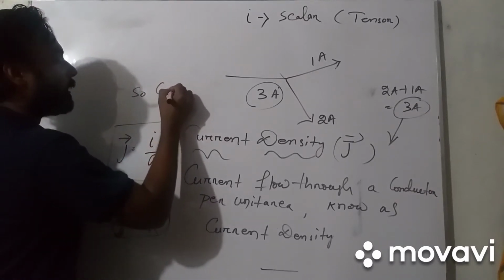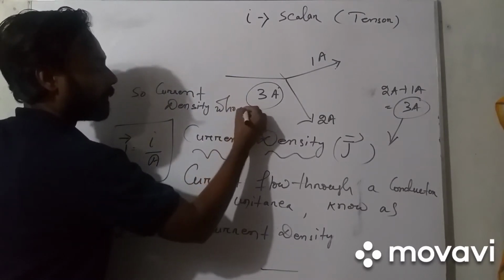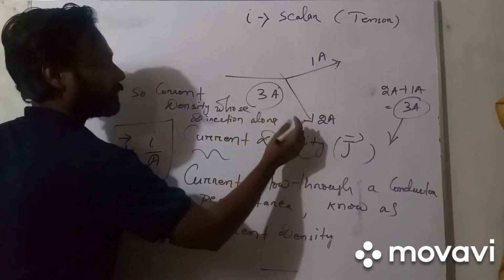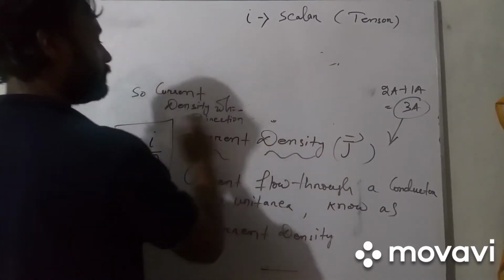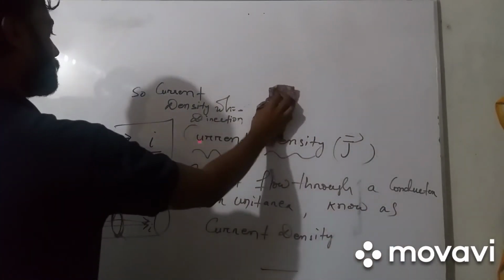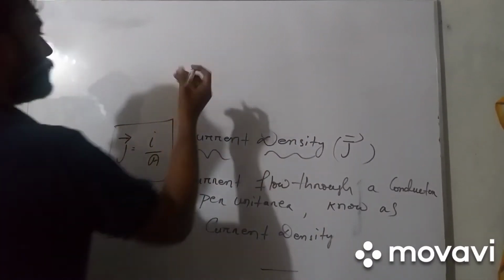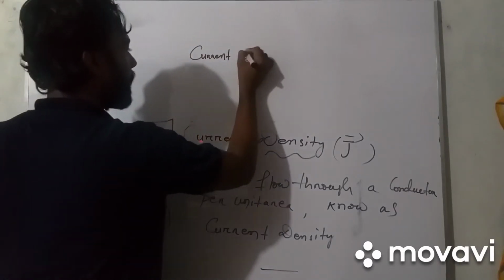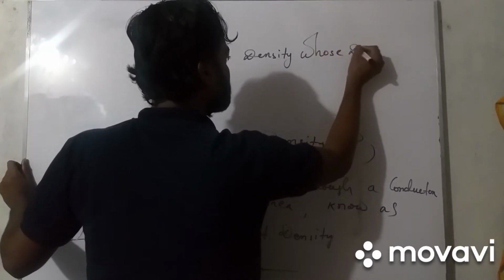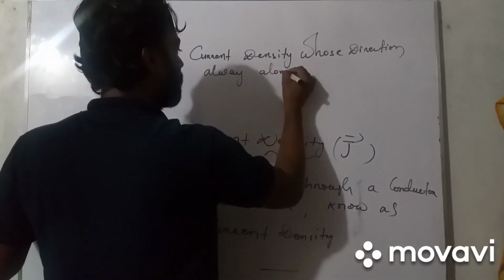So current density, whose direction is always along the direction of current.